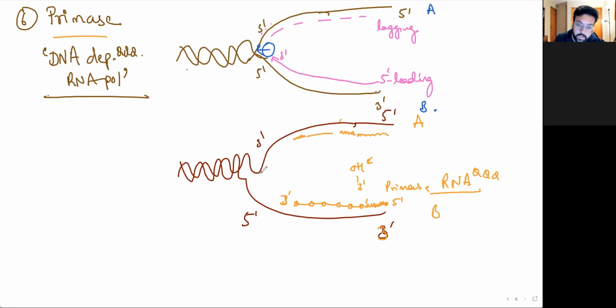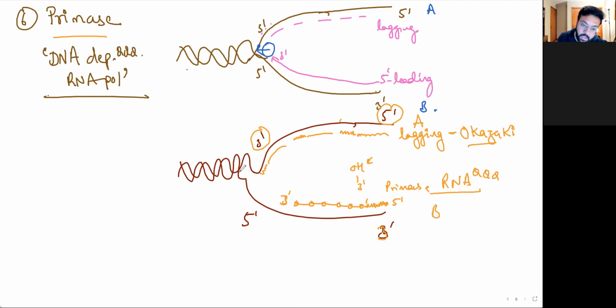And again, this much opens up, you lay down another primer and you again make DNA. So you are going to make DNA in fragments in the lagging strand, and those fragments are called Okazaki fragments.